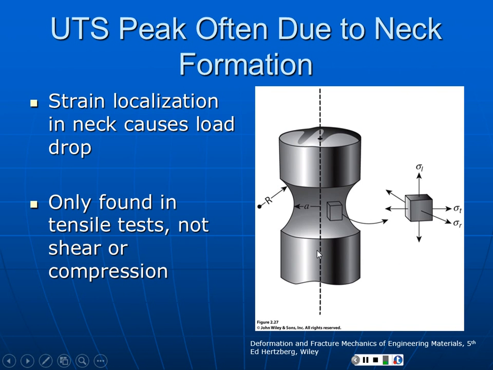But the reality is, if I calculated the stress in this little neck, that stress is still rising. It is not truly dropping. There's so much less area that the stress in here is still higher, even though out here the stress is dropping because the load was dropping. You're only going to see this peak in tensile tests, not in shear tests and not in compression tests. It's an artifact. It's caused by the formation of a neck in most cases.